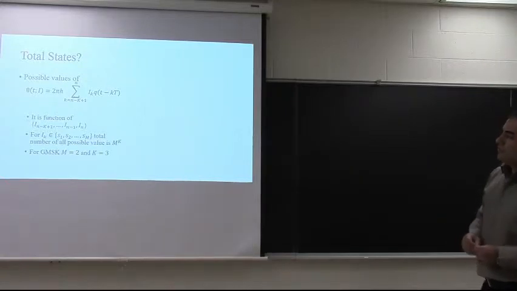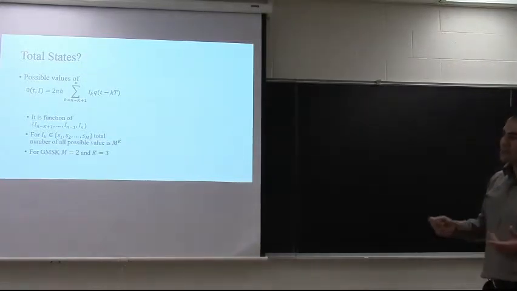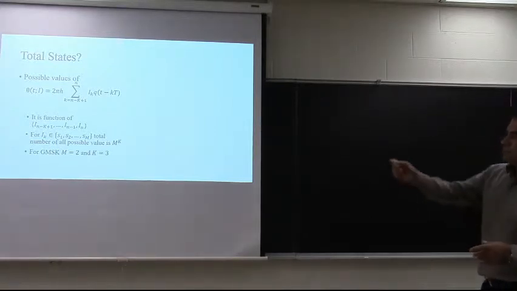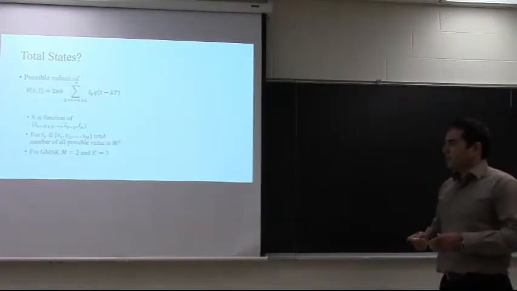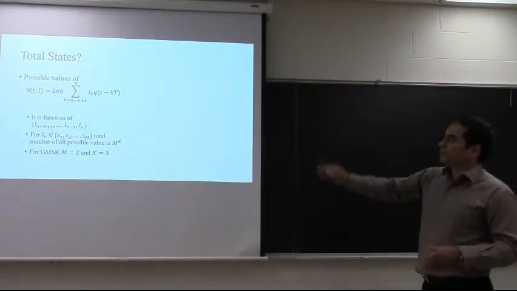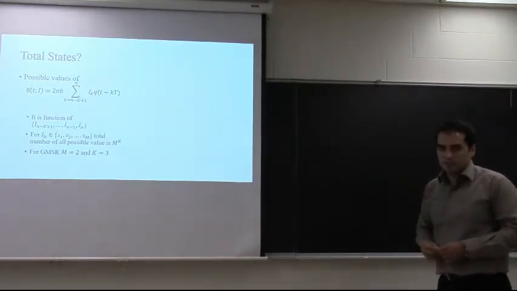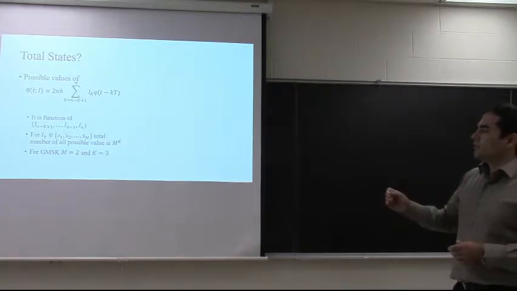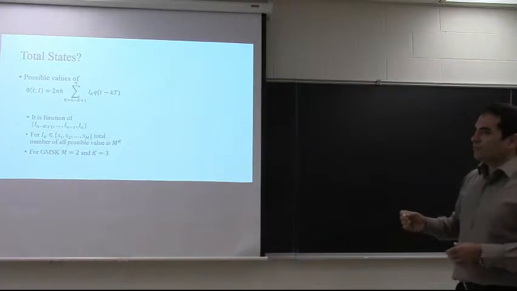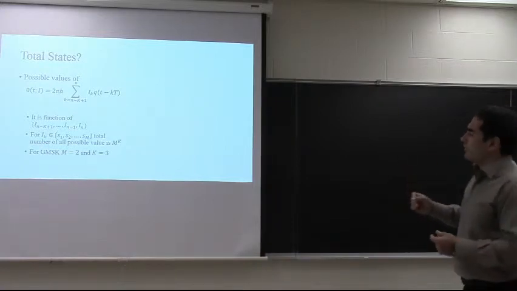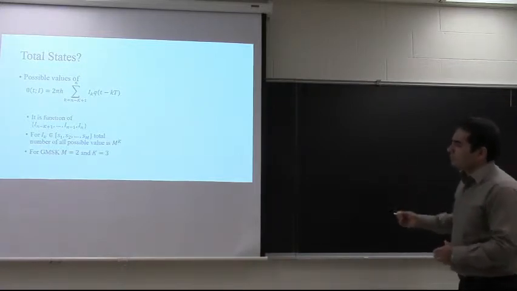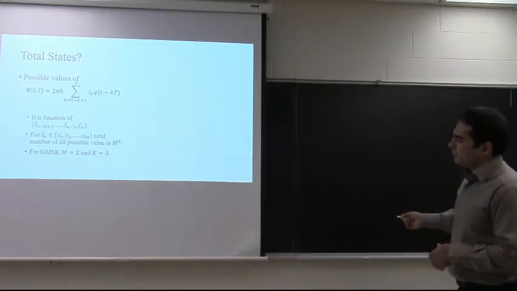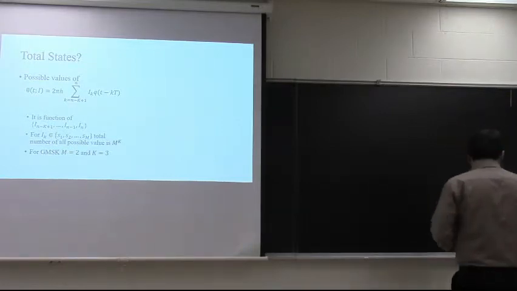Consider case 3, and ik could be either plus or minus 1, GMSK. Then all possible values for the first one is 8, as a function of S1, S2, and S1 and S2 as a function of I n minus 2, I n minus 1, and I n.